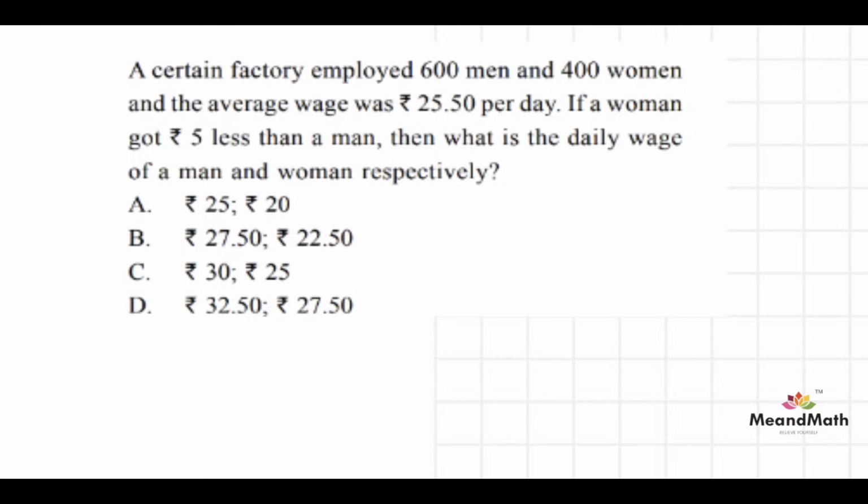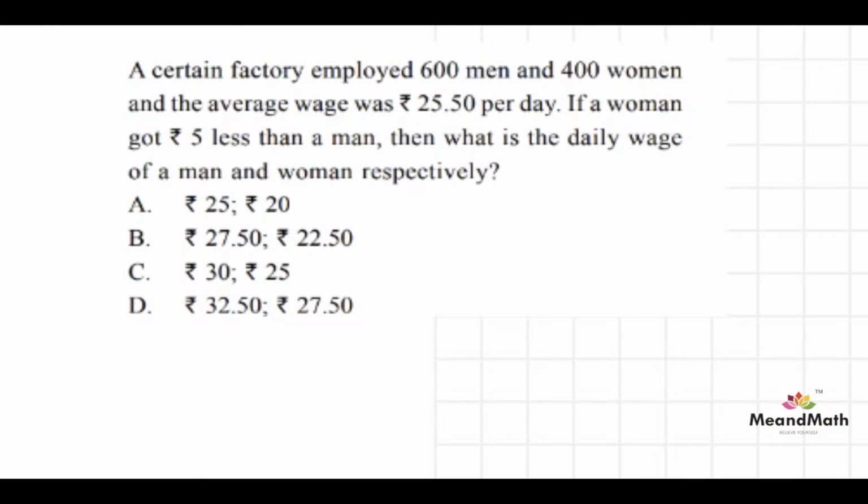Okay, that's perfect. So now the question: a certain factory employed 600 men and 400 women, and the average wage was 25.50 rupees per day. Okay, that's very less though. If a woman got 5 less than a man, then what is the actual daily wage of a man and a woman respectively?